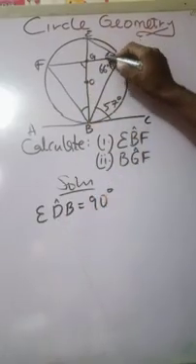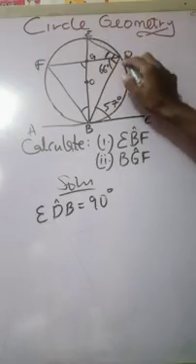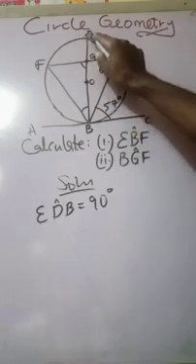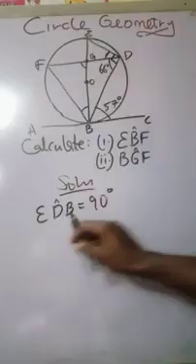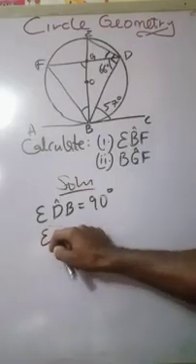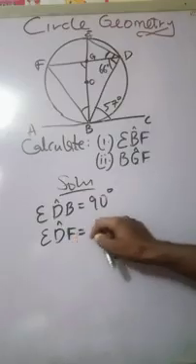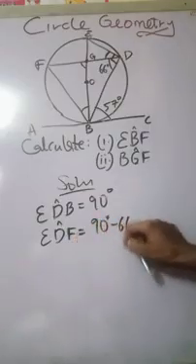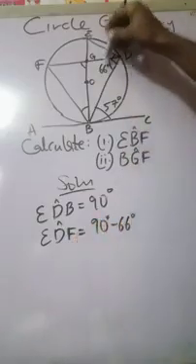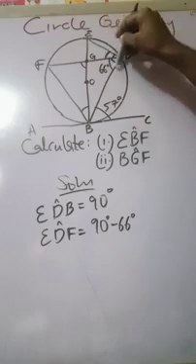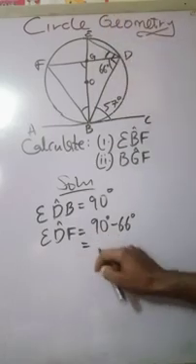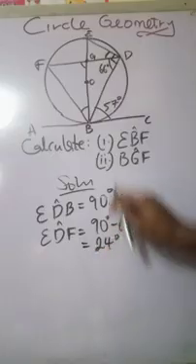And so we want to find angle EDG. You can as well call it angle EDF. And here's how it goes. Angle EDF is equal to 90 degrees minus 66 degrees, because the two angles make up a right angle. Now this gives us 24 degrees.